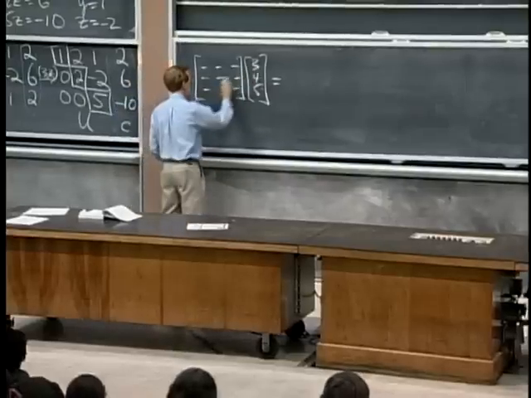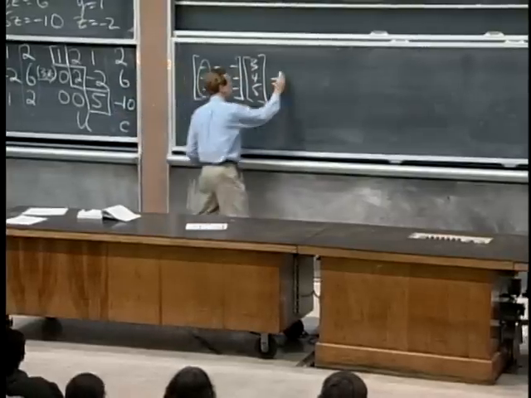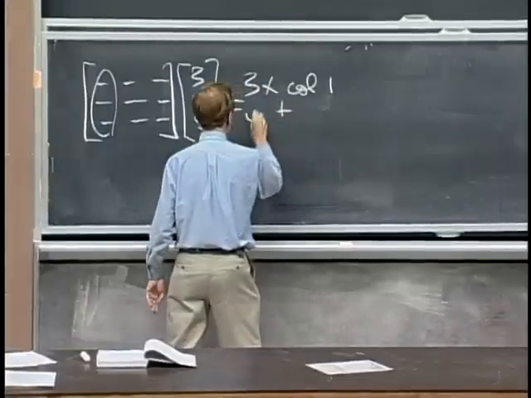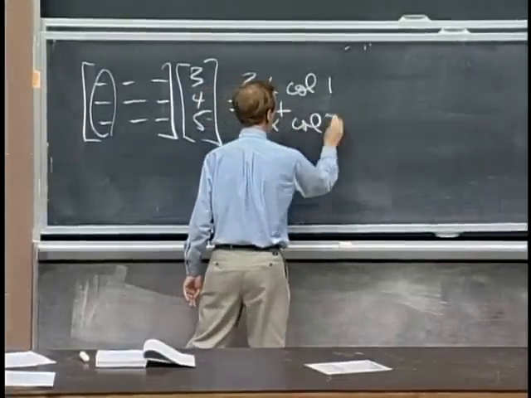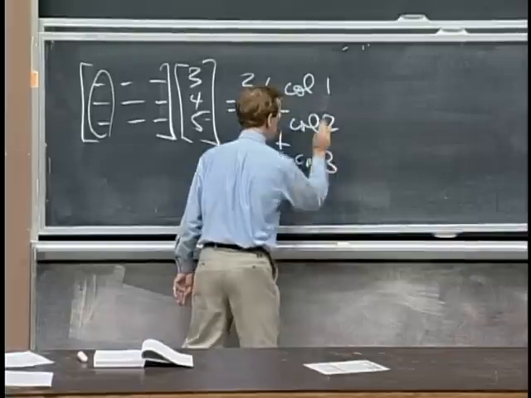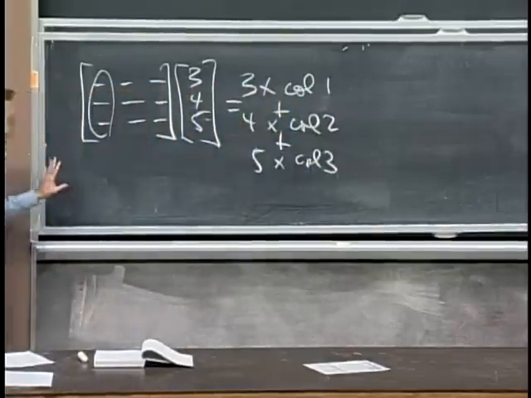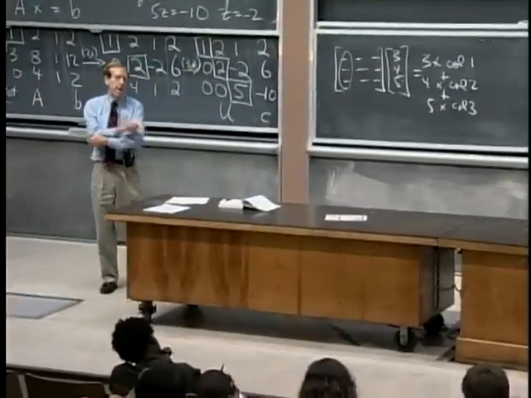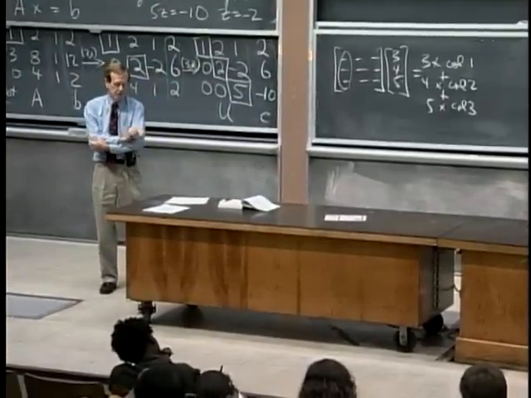It's 3 times column 1 plus 4 times column 2 plus 5 times column 3. I'm going to come back to that multiple times.